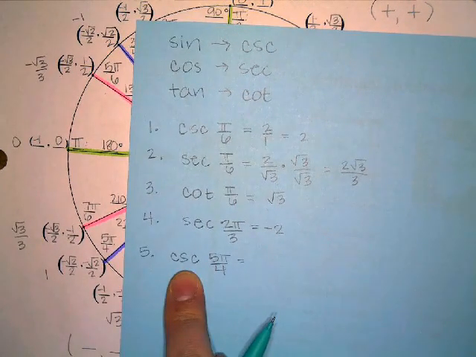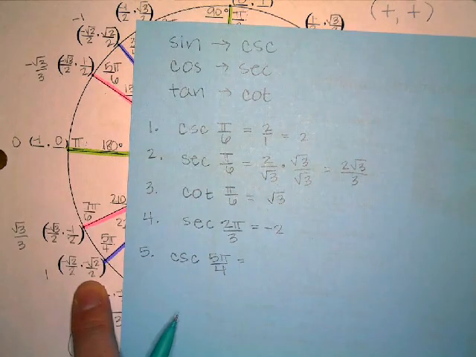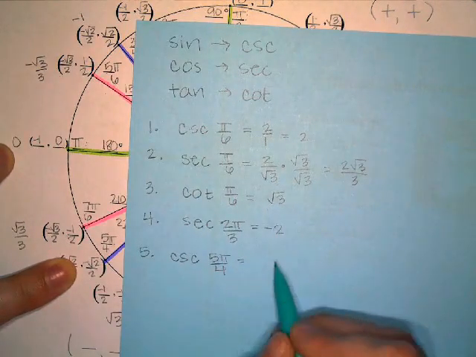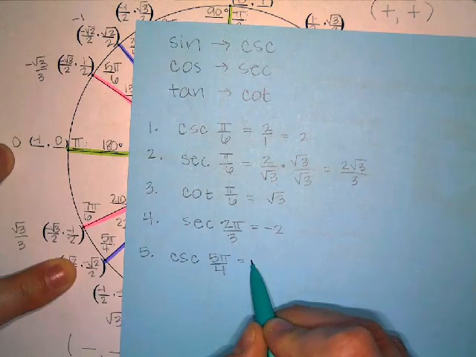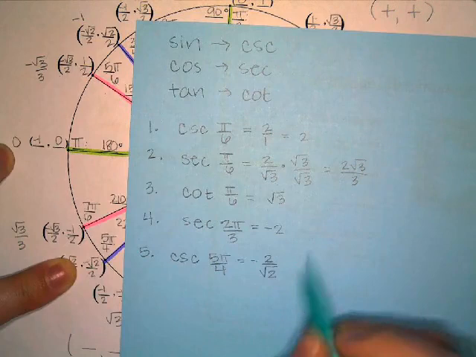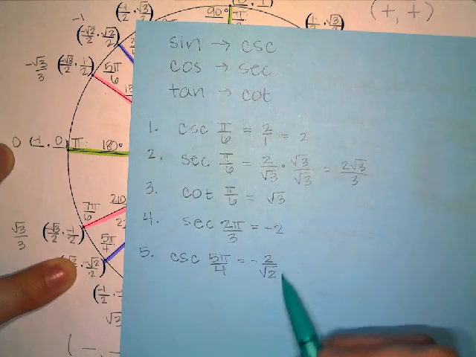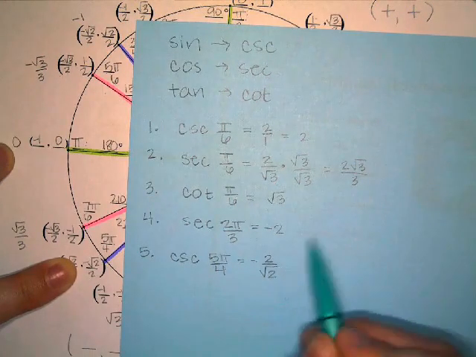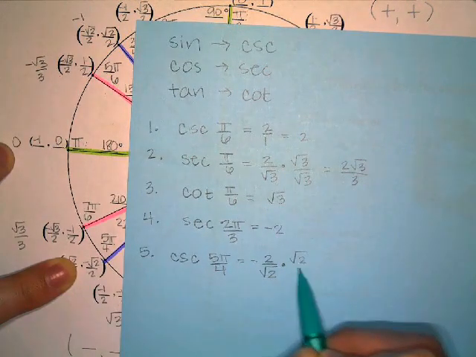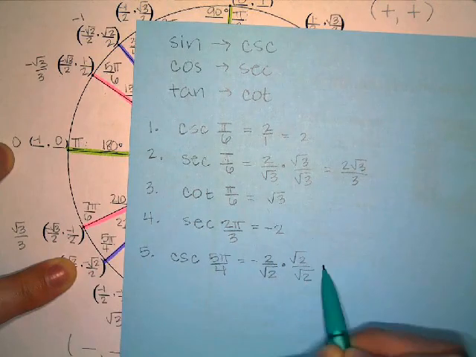That's negative root 2 over 2, but what do I write down? Negative 2 over root 2. I can't leave it like that. That's not proper, right? So how do I fix it? I multiply by root 2 over root 2, okay? And then what do I have on the top? Negative 2 root 2 on the top. What do I have on the bottom? 2. Should I leave it like that?